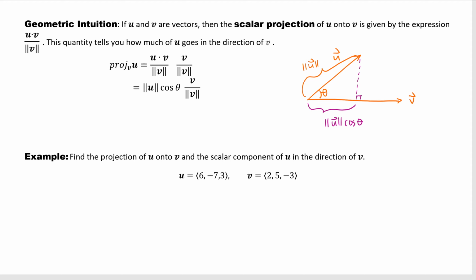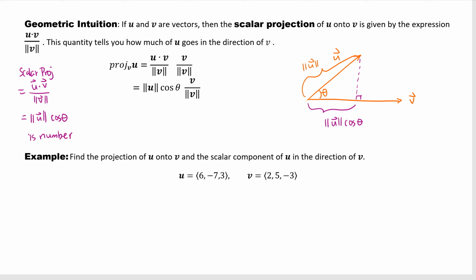So the scalar projection equals u dot v over the magnitude of v, which is the same as the magnitude of u times cosine theta, and it is a number. This is the scalar projection.